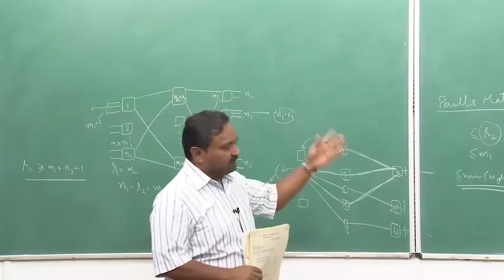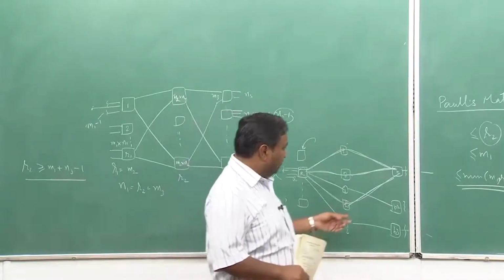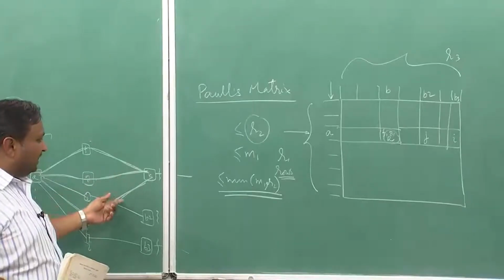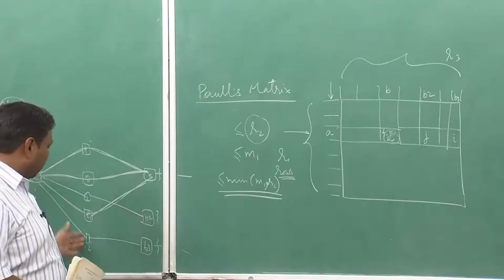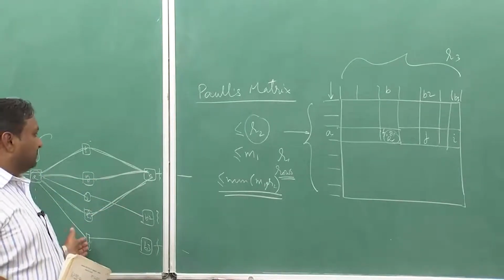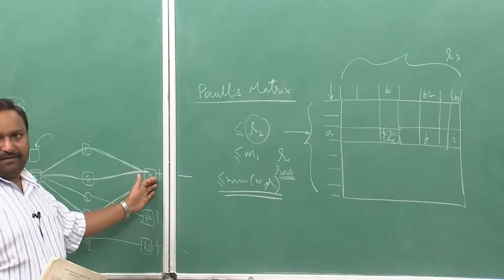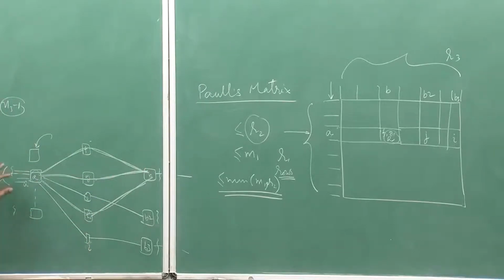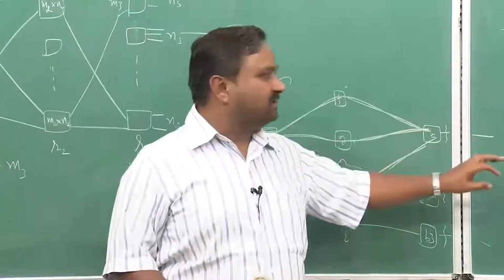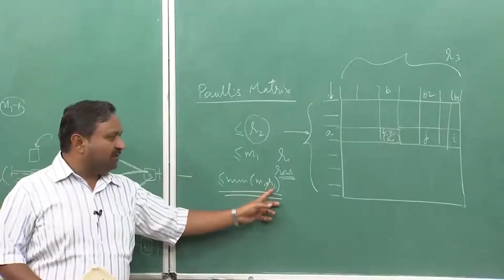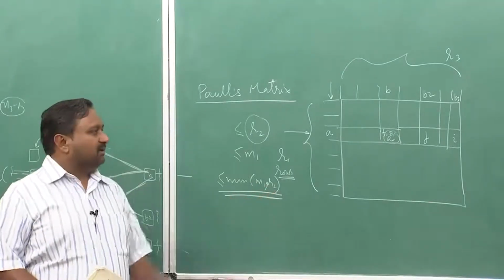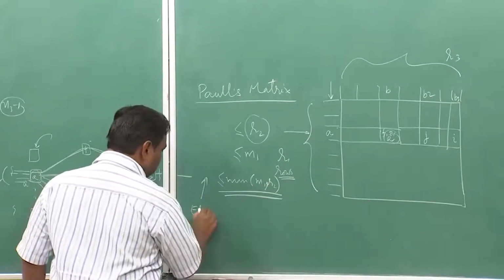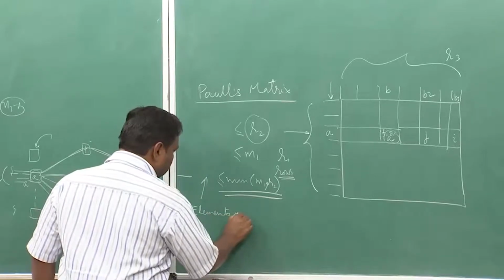Similarly, for the columns also, if you want to estimate, because there is exactly one path coming here, at most all these number of middle stage switches, it has to be lesser than that. Okay. Now, there is a possibility when the number of middle stage switches is less than the number of input ports or outgoing ports, then the minimum of these two will be R2. Okay. So, similar conditions exist. This is for the number of elements in a row.